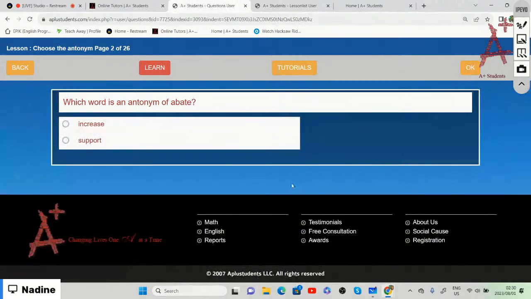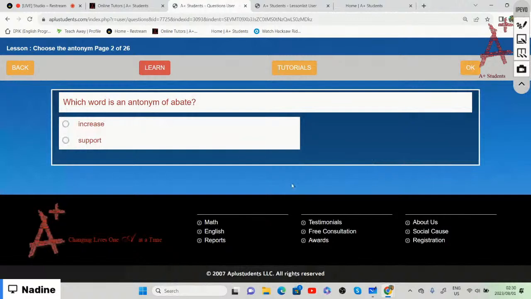All right, we need to find the antonym of abate. And remember, antonyms means opposite.